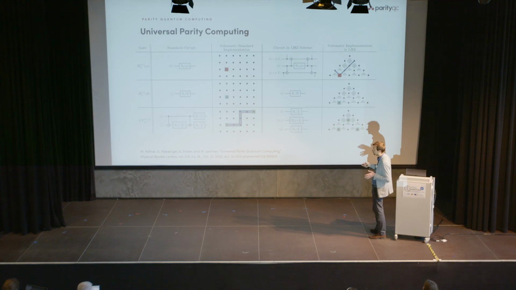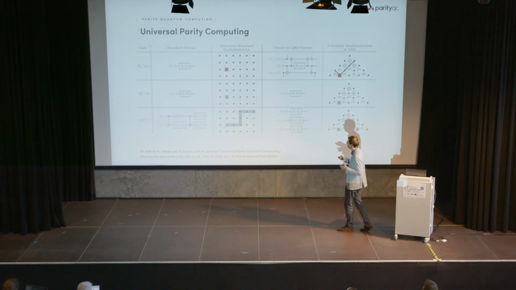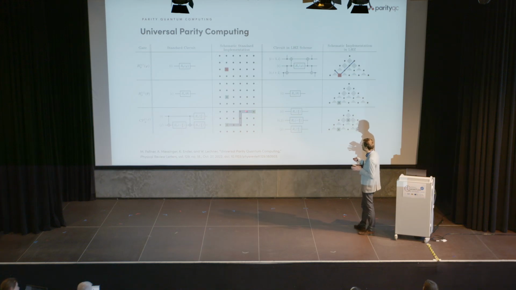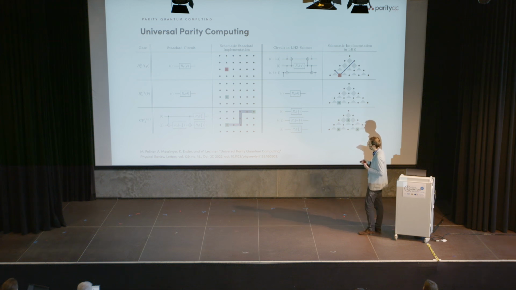If they're just neighboring, I just do the interaction. But if they're not neighbors, I have to do something. I have to do a surgery or swap operations or anything like this. Now I have to transport information from here to here, and this is often super expensive. For example, if I do this with CNOT gates, I would have to do 3 CNOT gates per link, which is indicated somehow here.